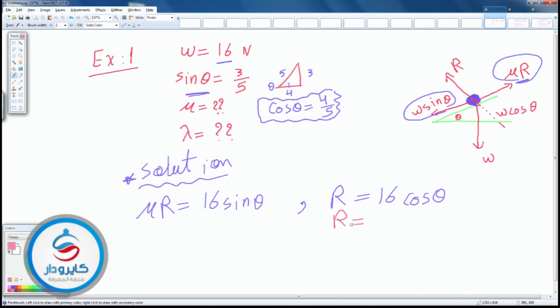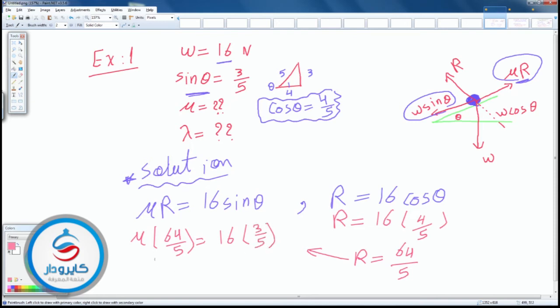So R equals 16, substituting 4/5 for cosine theta, then R will be 64/5. Make the replacement: mu R now is 64/5 mu, this is 16, and sine theta is 3/5.